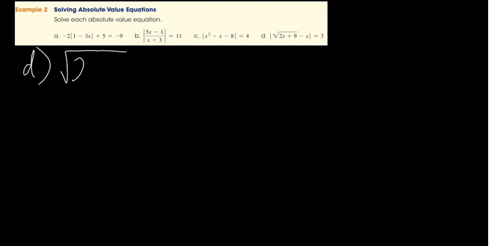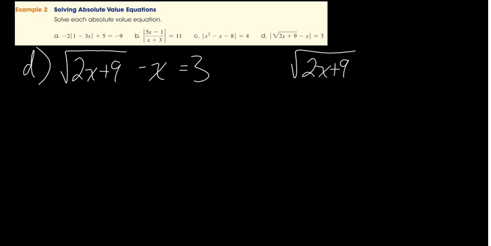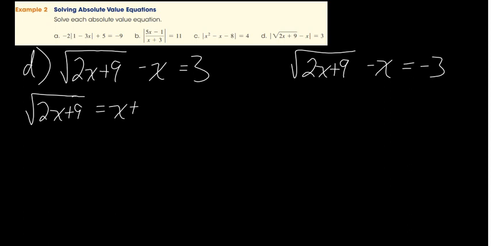So we've got 2x plus 9 minus x is equal to 3. And then the square root of 2x plus 9 minus x, and that's going to be equal to a negative 3. Here we go. So we're going to go ahead and add the x to both sides. So we're going to have the square root of 2x plus 9 is going to be equal to x plus 3.